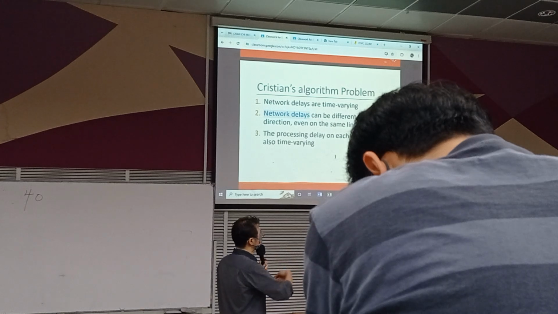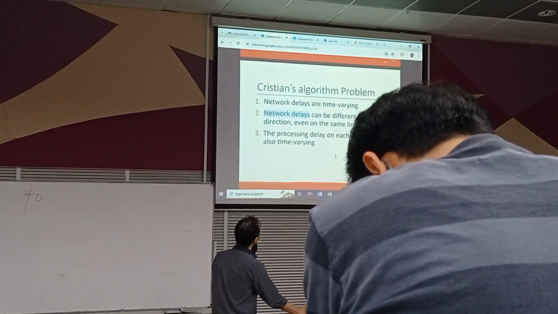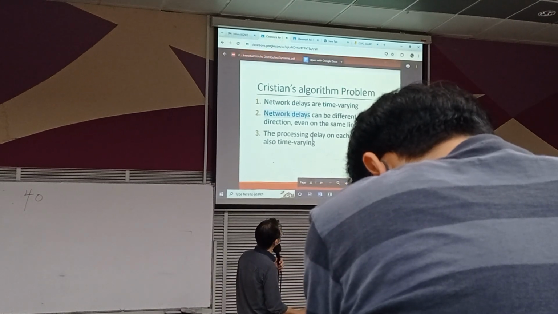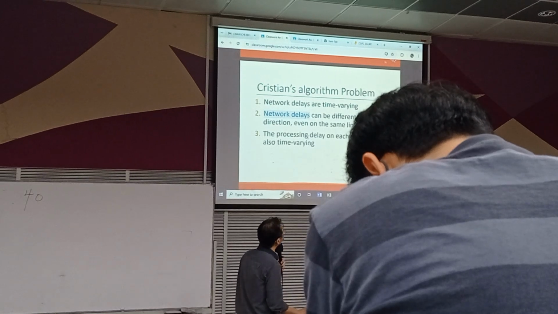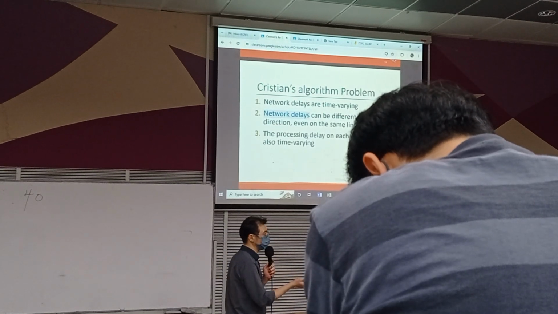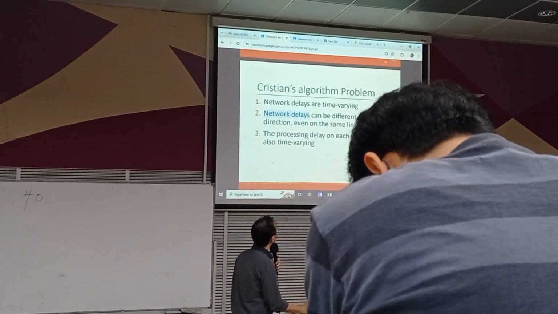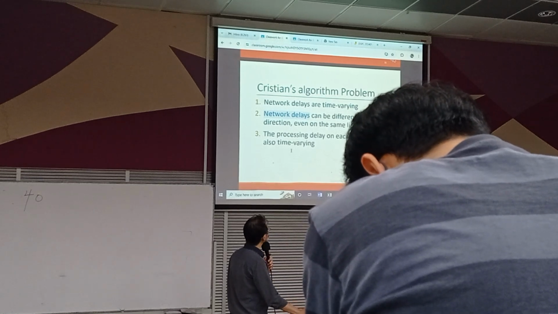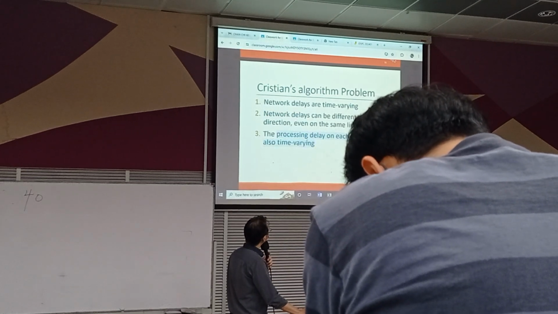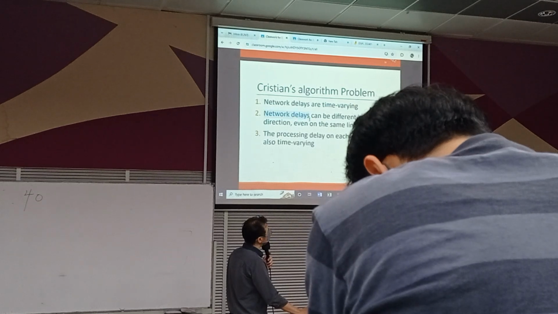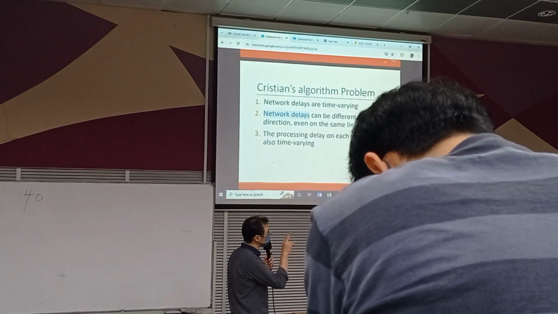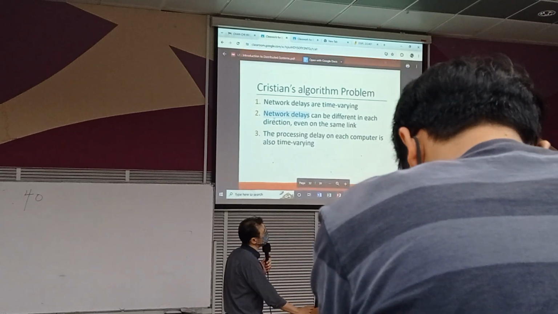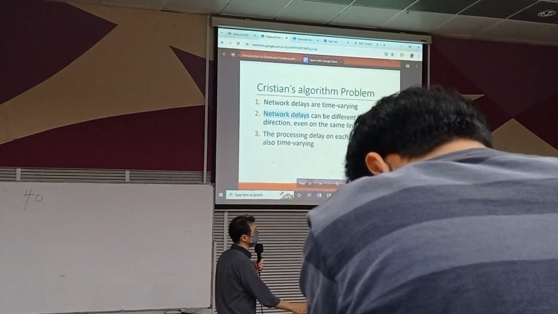You do some processing before it sends. So there is some processing delay that we do not take into account. But we hope that the computer is fast enough. Whenever you receive the message, you immediately send the time, without any delay. So if we make sure that the network delay is small and there is no time varying, then Cristian's algorithm will be more or less accurate.